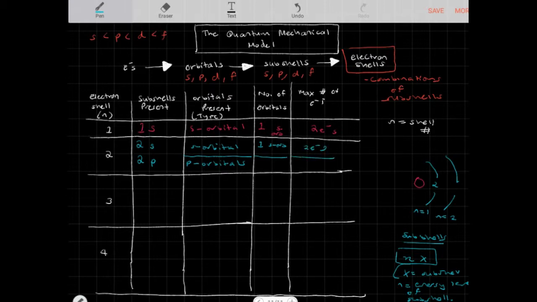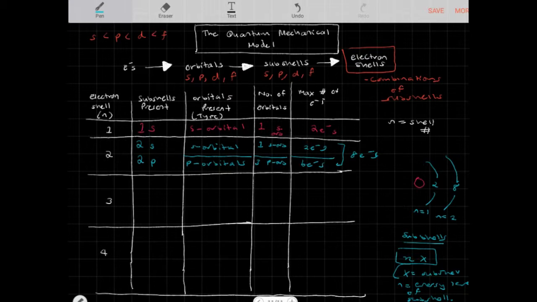However, in the 2p subshell, we'll have 3 p orbitals, and because each orbital can hold a max of 2 electrons, we can have a total of 6 electrons. So in total, this gives us 8 electrons. That's why we can have a maximum of 8 electrons in the second energy level. This is something that Bohr didn't really understand at the time. The quantum mechanical model will help us understand that a bit further.